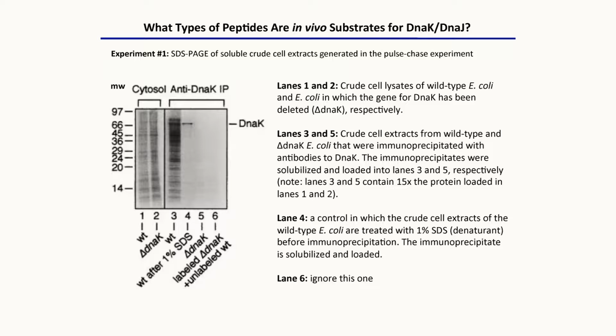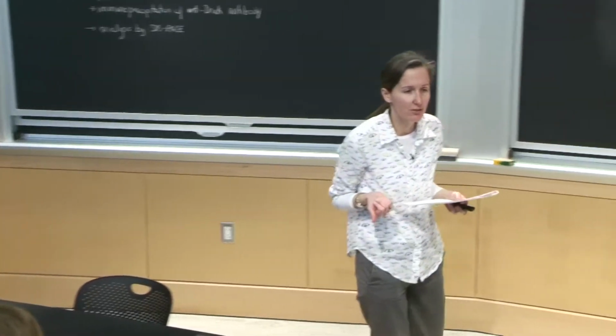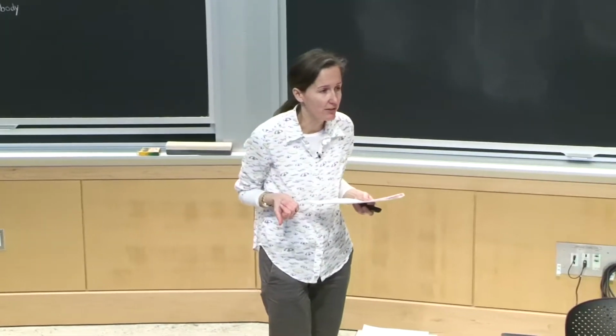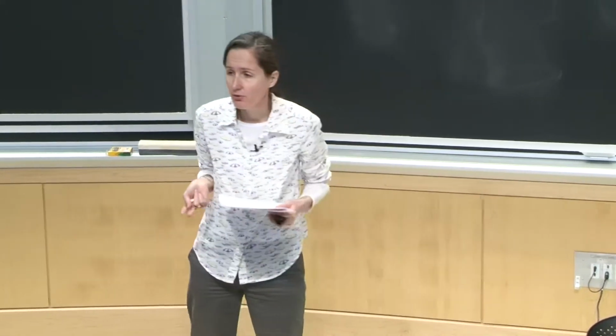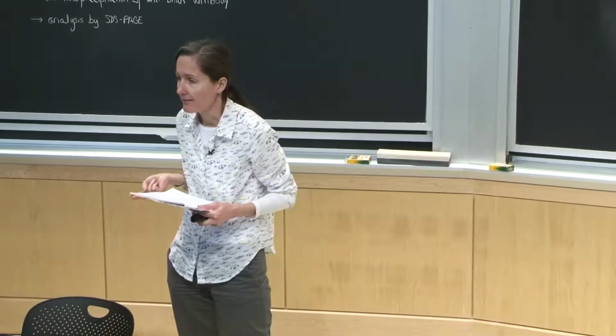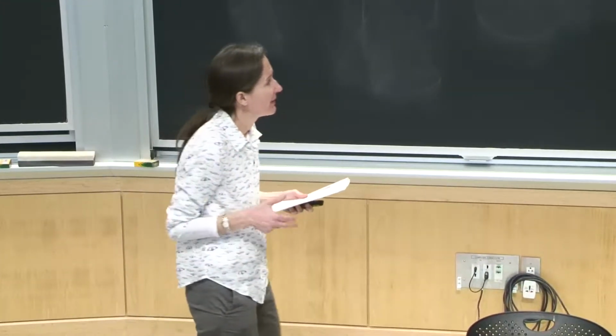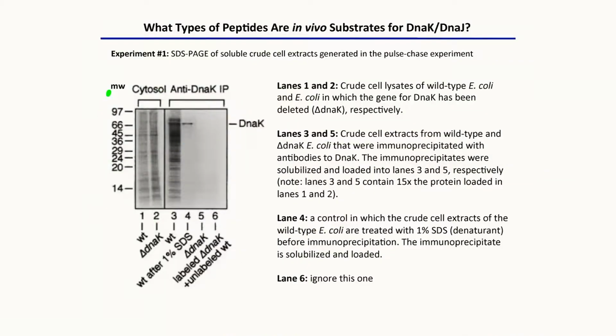And why is this important to show? One, we want to see what the cell lysate looks like in the absence of immunoprecipitation. And two, it's important to know whether or not knocking out DnaK has done anything to change those cells. At least at the level here, in terms of the total cellular polypeptide pool, it's pretty much comparable, in terms of total protein.